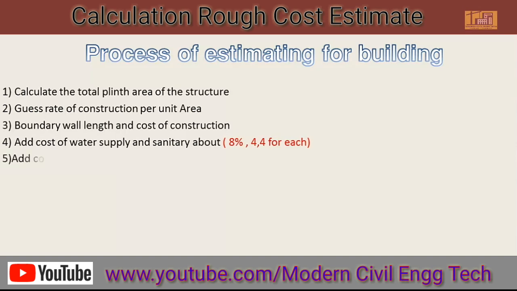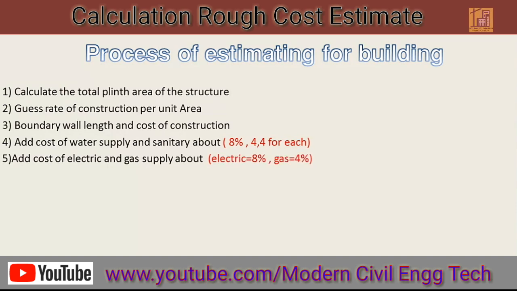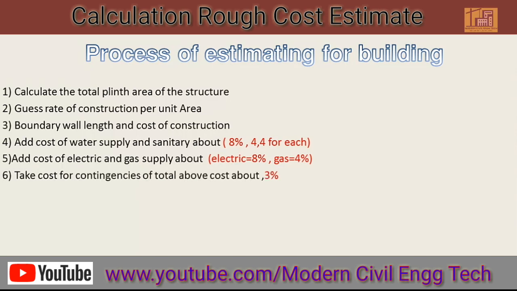Number 5, add cost of electric supply and gas supply, about electric equal to 8% and gas 4%. Number 6, take cost of contingencies of the total above cost, about 3%, and the 7th is to determine total cost.